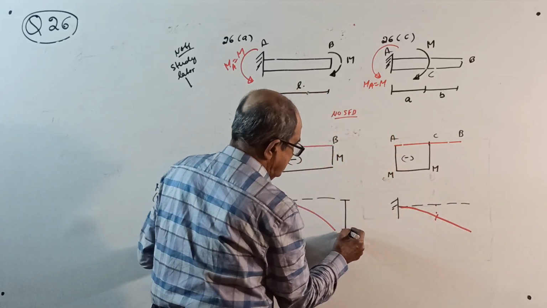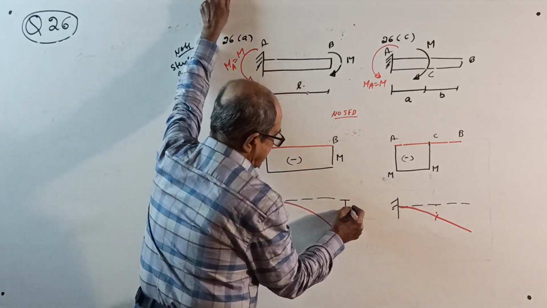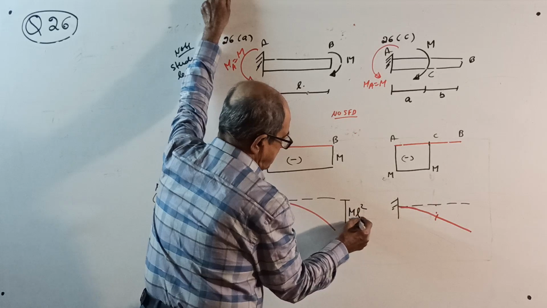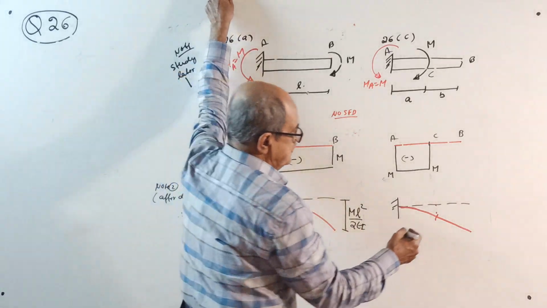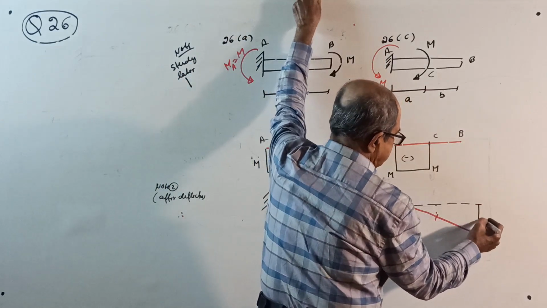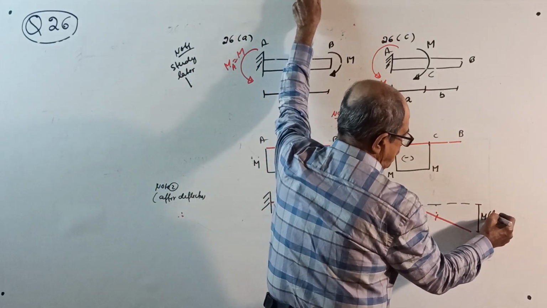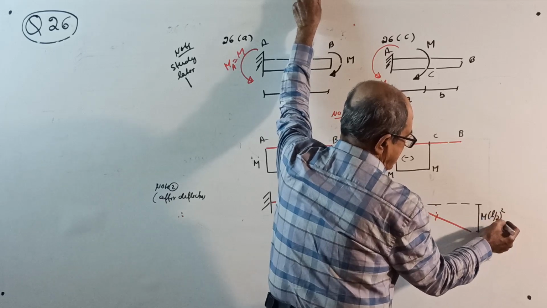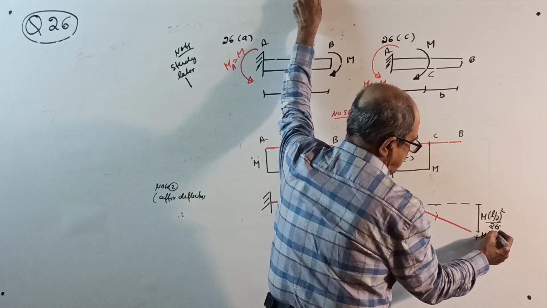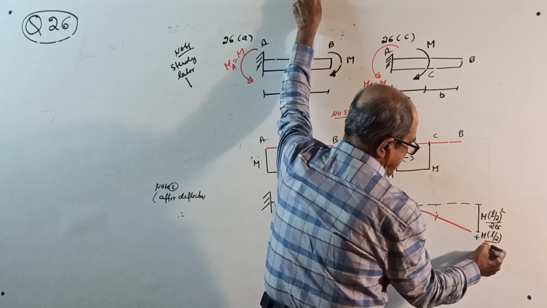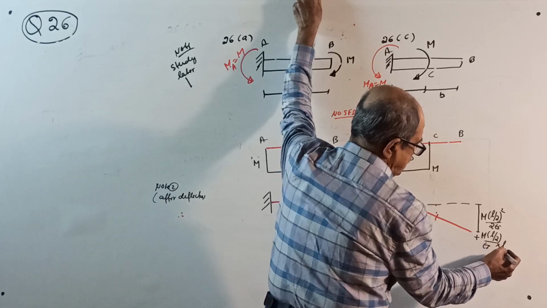This deflection will be ML square by 2EI, later. And now the deflection here is M into (L by 2) square divided by 2EI, plus M into L by 2 by EI into L by 2.